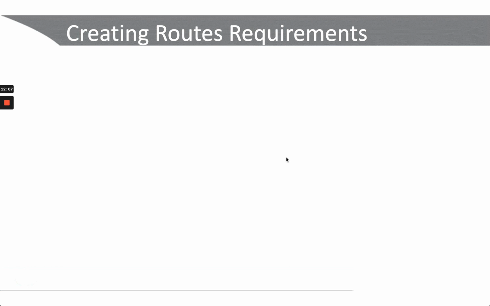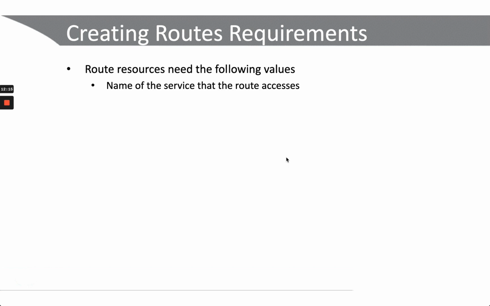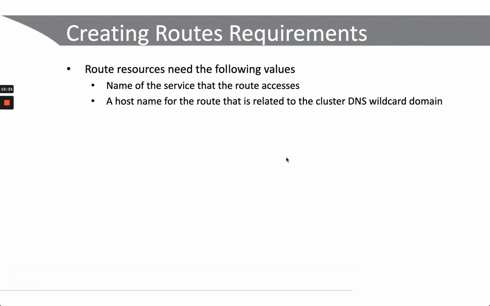Let's talk about requirements for creating routes. So route resources need a couple of values. They need the name of the service that the route accesses, because a route is really exposing access to a service. They need a host name for the route that is related to the cluster DNS wildcard domain. So the host name, that's a little bit confusing, but the host name is included in the route.